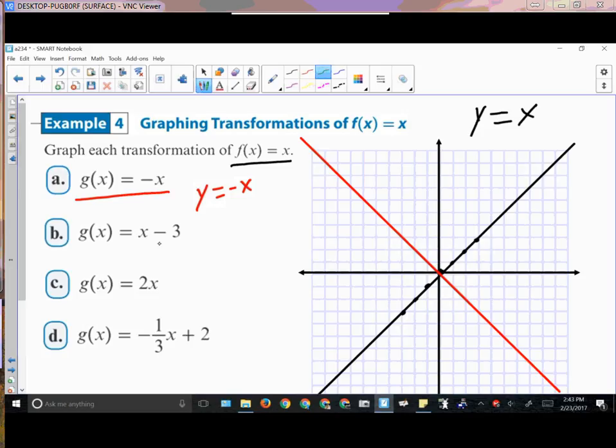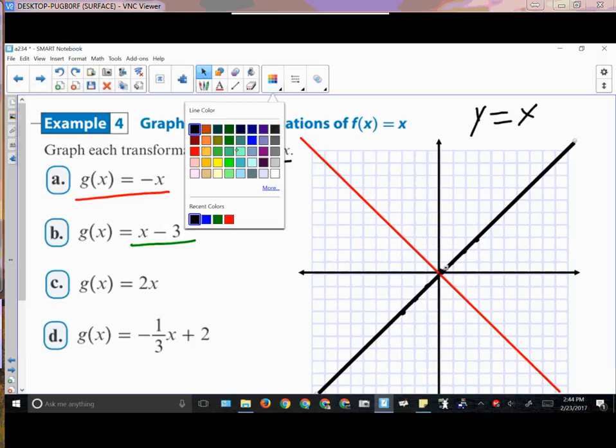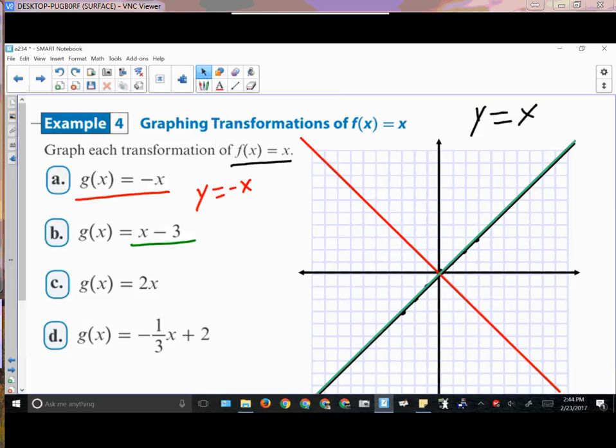Let's check this one out. So I'm starting off here, and I want it to become whatever this changes it to. So if I've got X minus 3, what am I supposed to do with a minus 3? Which way is it supposed to go?